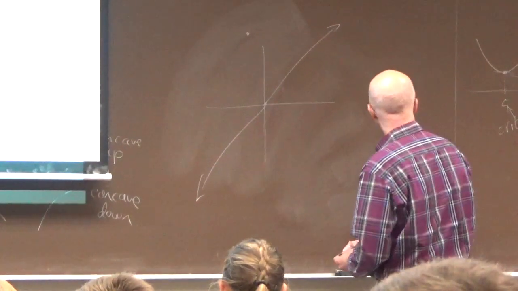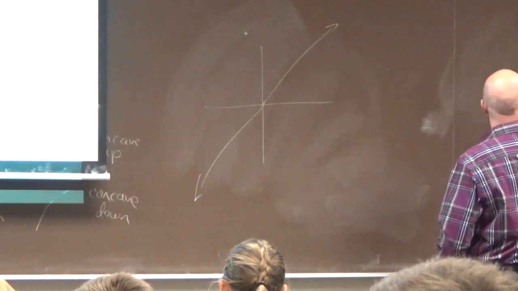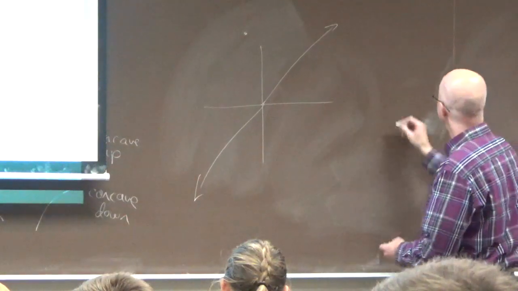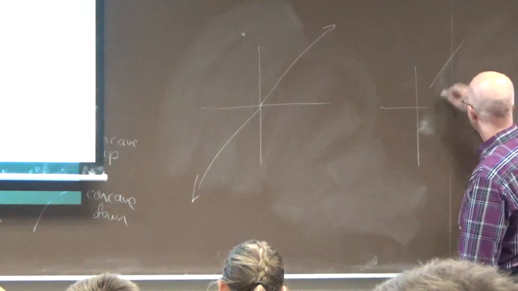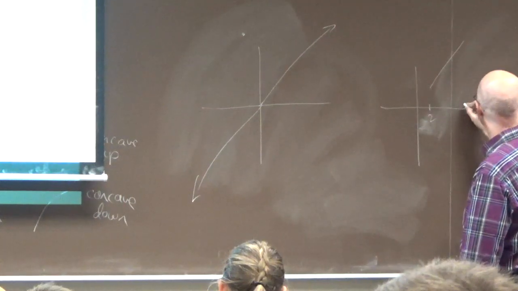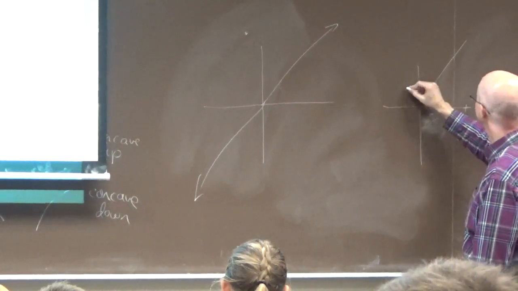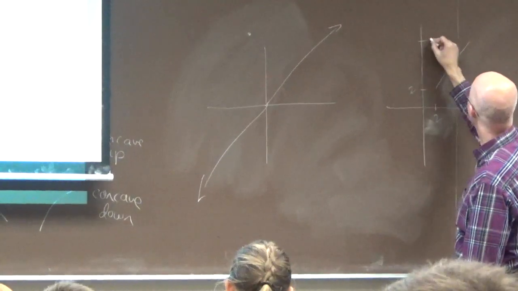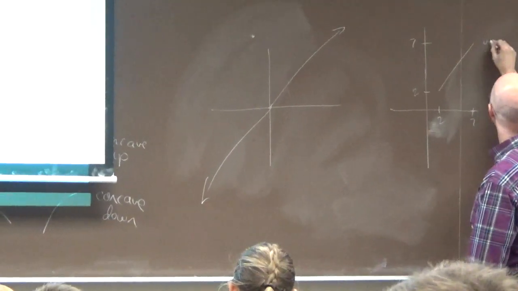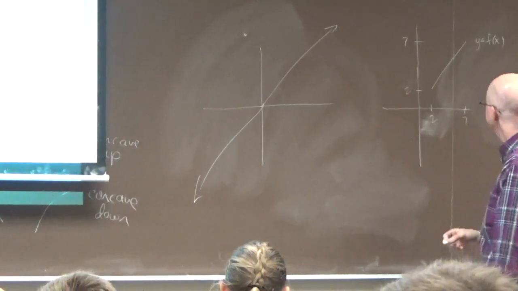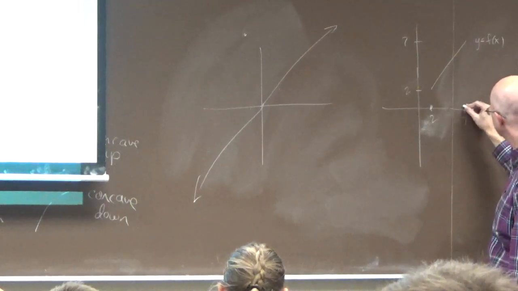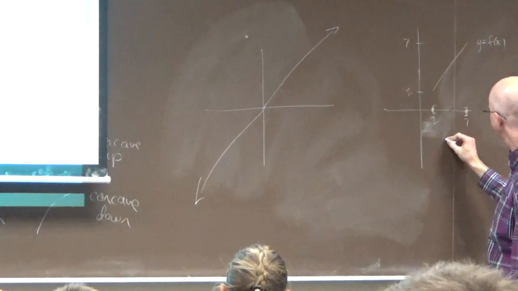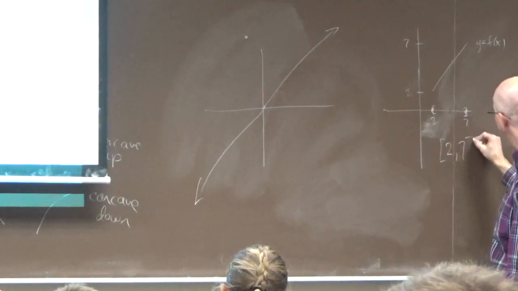If I restrict the domain to some closed interval, like from 2 to 7, say, I'm still graphing y equals f of x equals x here. And if I emphasize that the domain is this closed interval from 2 to 7, this is the notation for it.